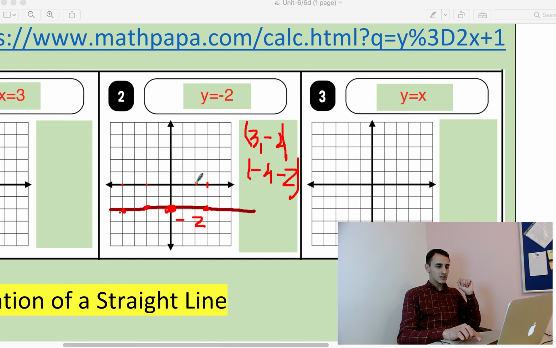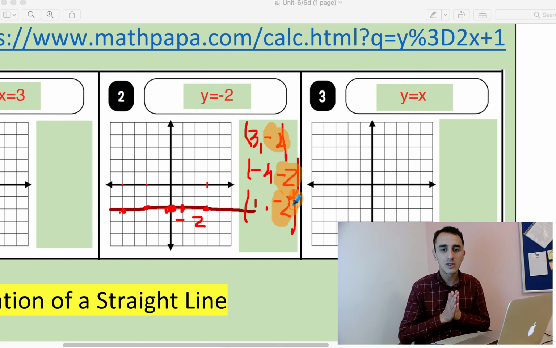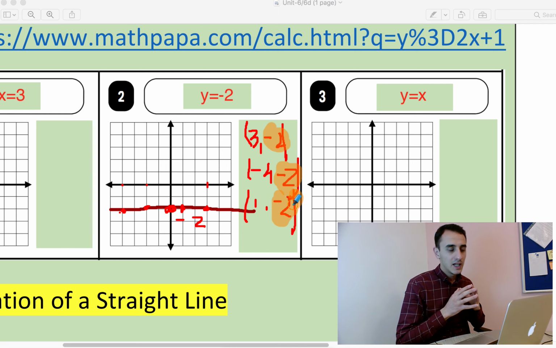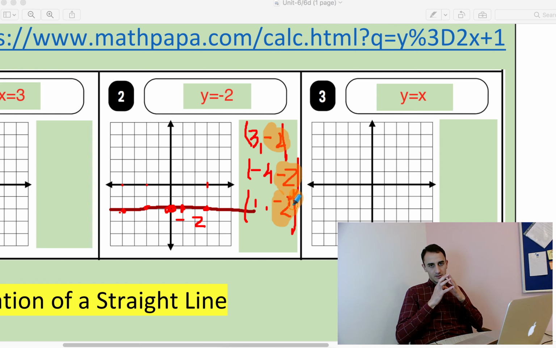And for example, let's say for this point we have 1, negative 2. Okay, and so for all of them we have negative 2, negative 2 here, and negative 2 here. Okay, the y coordinates are always negative 2 because the y coordinate is fixed, is locked with number 2.